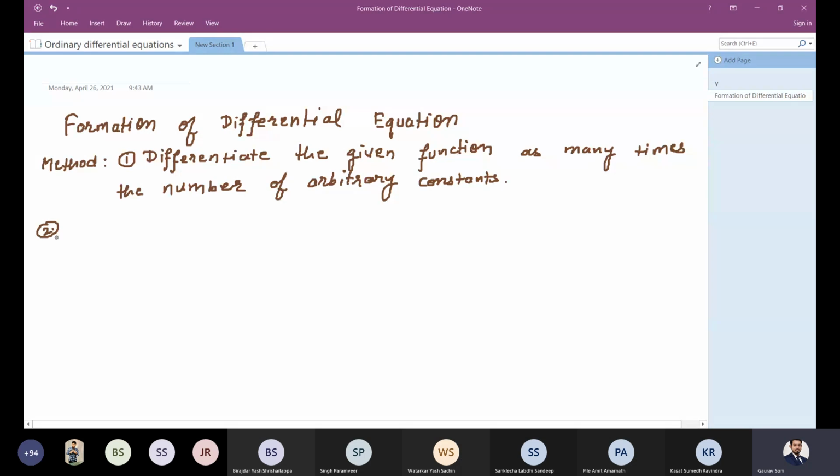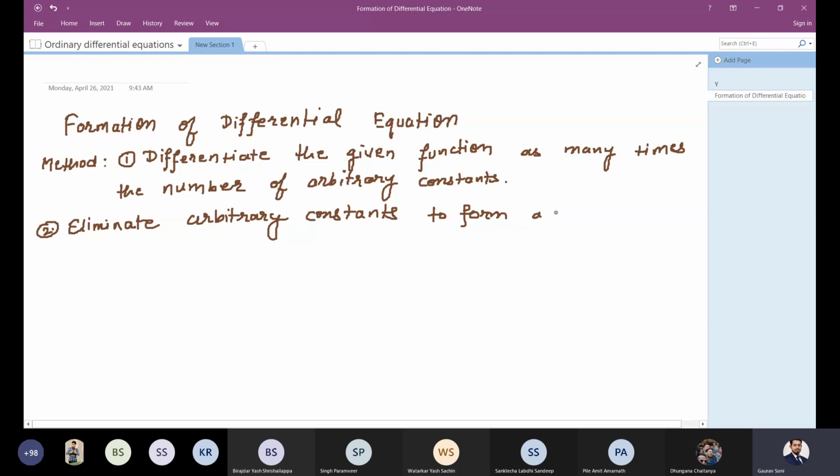The arbitrary constants will be mentioned in the question itself. And then the next task is to eliminate the arbitrary constants to form a differential equation.